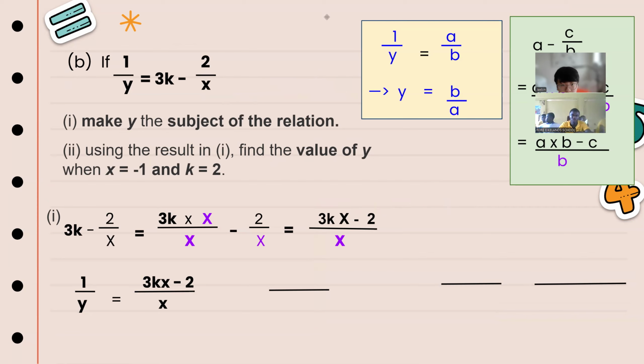So let's continue with this problem, problem B. If 1 over y equals 3k minus 2 over x, can you make y the subject of the relation?